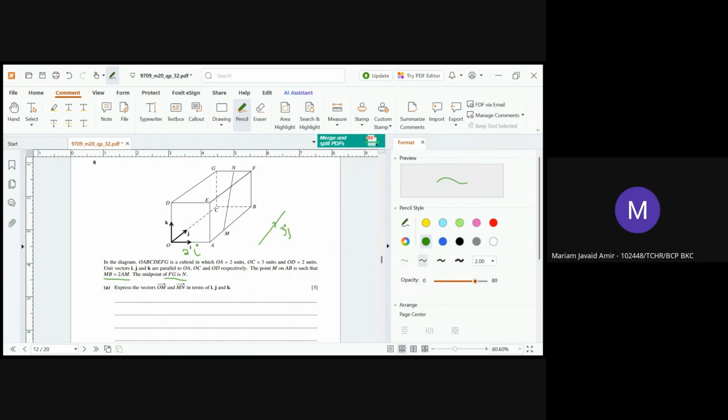However, we're told that MB is equal to 2 times AM. So if we cross multiply, MB over AM is equal to 2 by 1. That means if MB has 2 parts, AM has 1 part. So this will be 2j and this will be j.